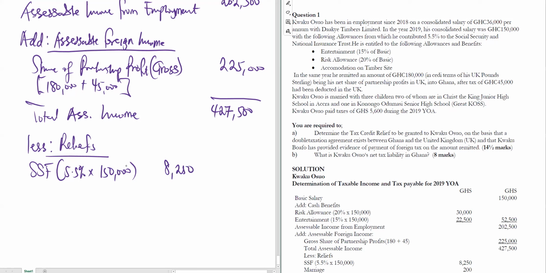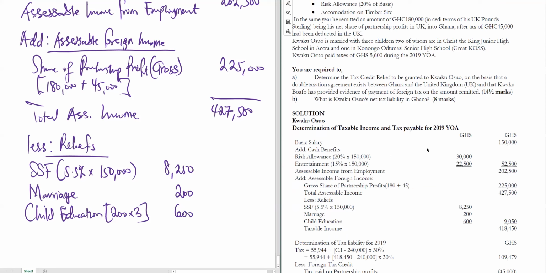Then they said he's married and he gets marriage relief. As at 2019, marriage relief was 200 cedis, if you are married, independent spouse. Then he has child education, which is 200 per child to a maximum of 3 children, giving us 600.